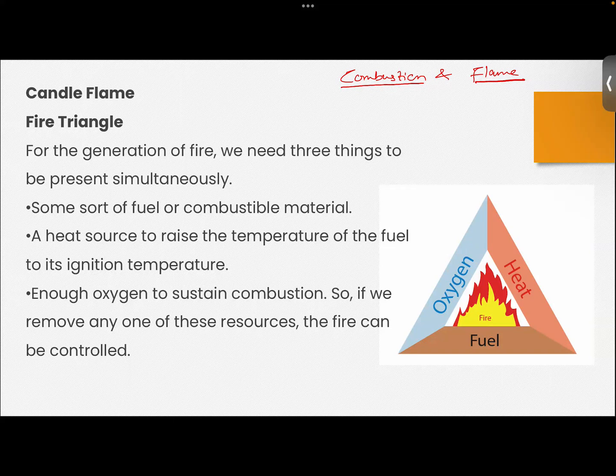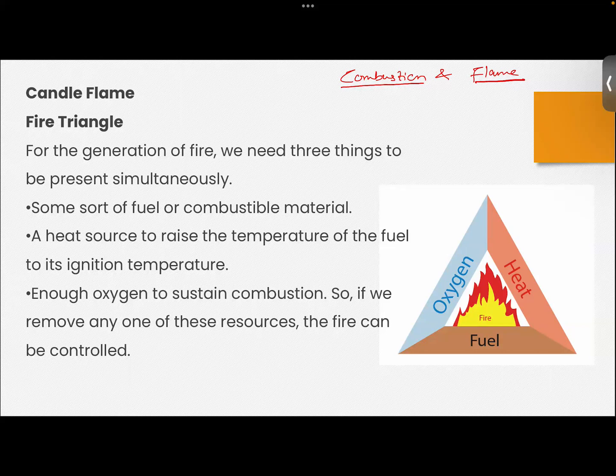Whenever you see construction work going on somewhere where iron is involved, they join two irons using magnesium ribbon. Getting it? There you must have observed very sparkling light coming from that burning magnesium ribbon.